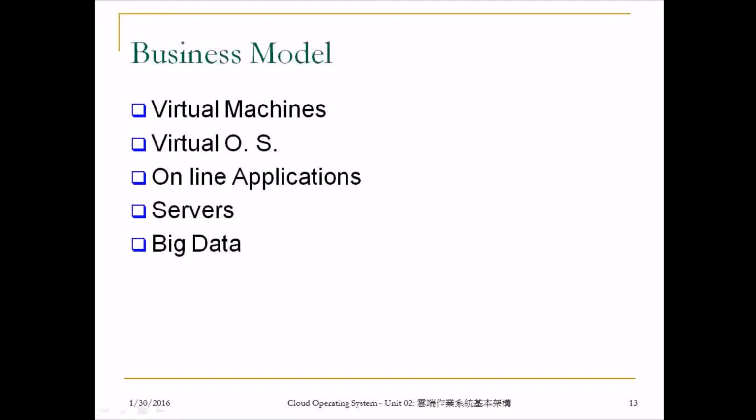We all need the servers online. So a company can run a virtual machine, and based on the operating system applications they need, a company can create a server on cloud without buying the physical machine.